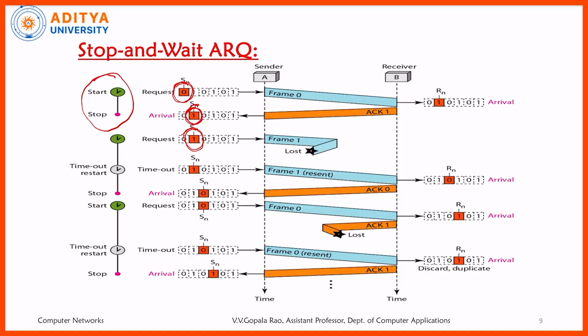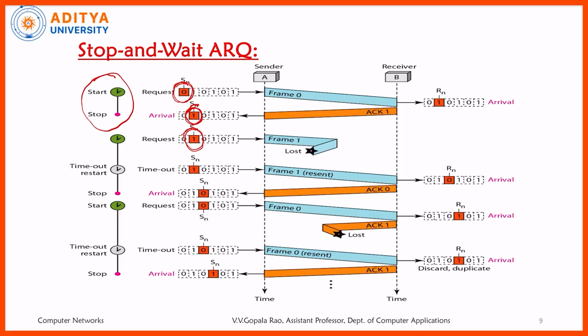After a timeout. What does the timeout mean? The sender calculates the time of travel of the frame from the sender to the receiver, and again from the receiver to the sender. That can be called the travel time, or you can also call it the round trip time.